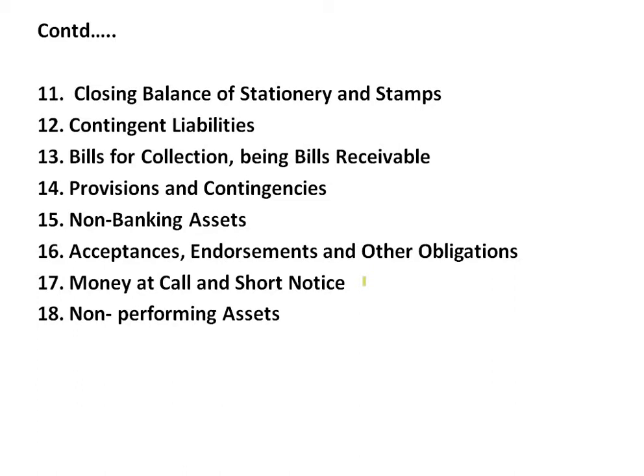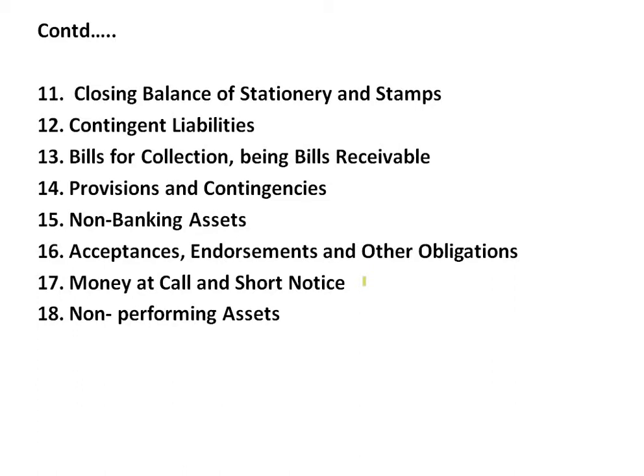The contingent liabilities are considered under schedule 12 on the asset side of the balance sheet. Point number 13 indicates bills for collection being bills receivable. Bills for collection means the outstanding collections which are to be recoverable or receivable.